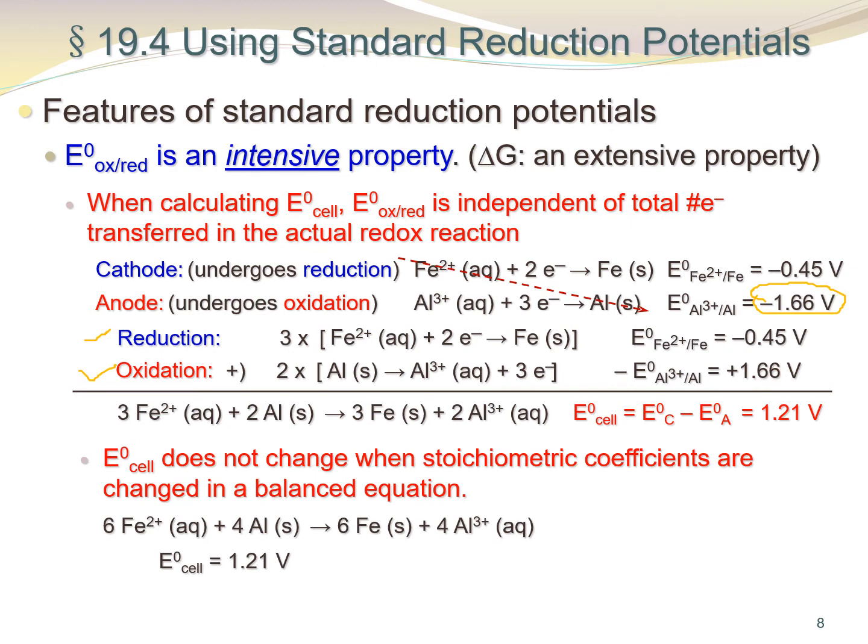During this calculation, I want you guys to notice we didn't multiply those potentials by those multiples, which means the potential does not change when stoichiometric coefficients are changed in a balanced chemical equation. For example, if we multiply the entire equation by 2, the potential is still going to be the same.